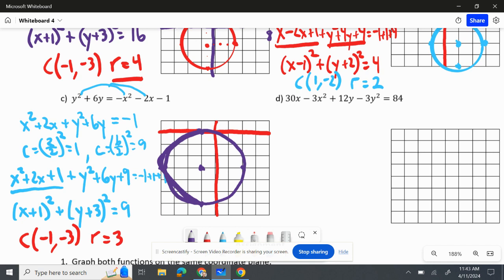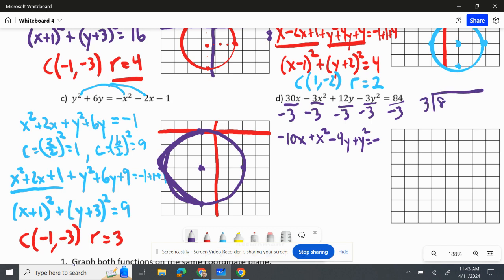Now for letter D, what we notice is that the x squared and the y squared have a -3 in front of them, so I'm going to divide everything by -3. And so what I get is -10x plus x squared minus 4y plus y squared equals, and then I have that would be 20, let me divide this.